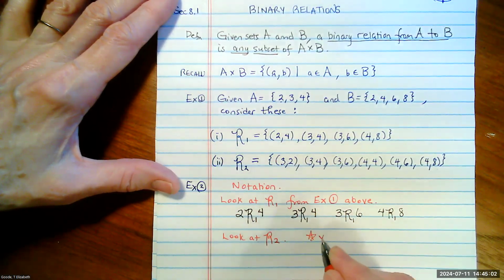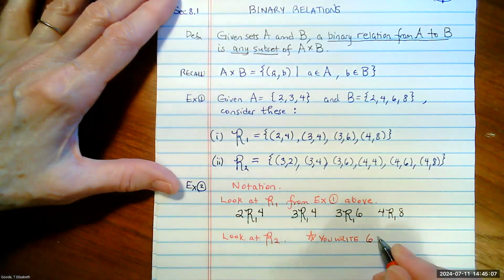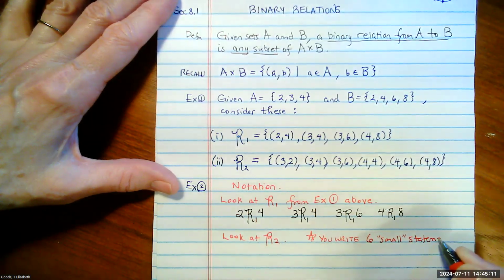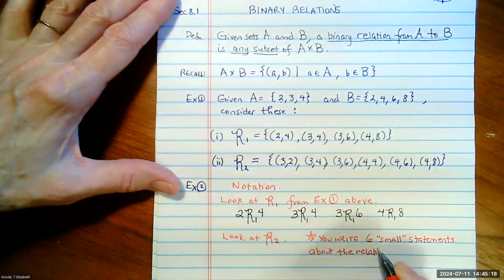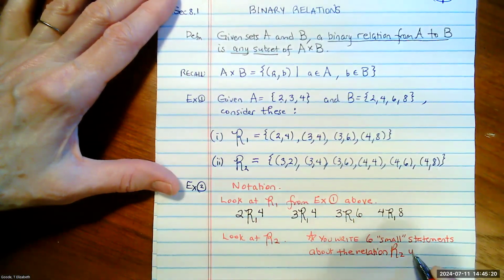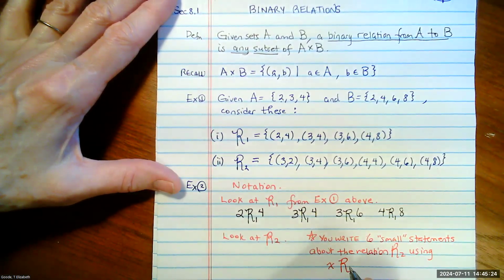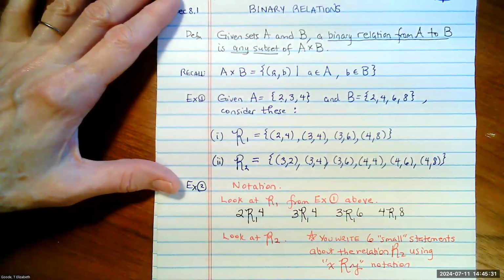So you write the 6 small statements using this new notation about the relation R2 using the x R y notation. This becomes a really handy notation, especially when we start to talk about properties of relations.